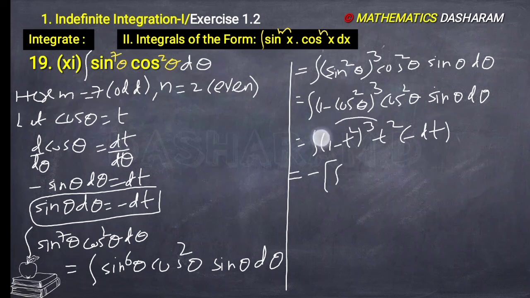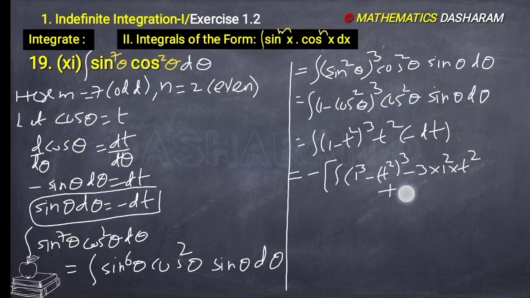Apply the a minus b whole cube formula: a cube minus 3a square b plus 3ab square minus b cube. That is 1 cube minus 3 into 1 square into t square plus 3 into 1 into t square whole square, minus t square whole cube, into t square dt.